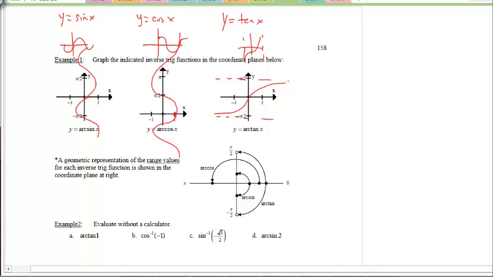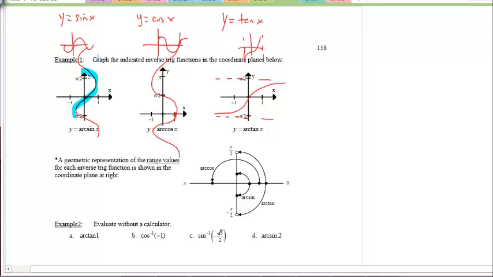Okay? Now, notice that one of these graphs is a function. That's this one. Yay! But the other two are not. So the question is, we need to be able to restrict the values on the range, the y values, to ensure that the function exists, or the graph looks like a function. So notice the domain values are always between negative 1 and 1. But if we want to restrict the range, it looks like for the arc sine graph, I want to keep this part here. Okay?